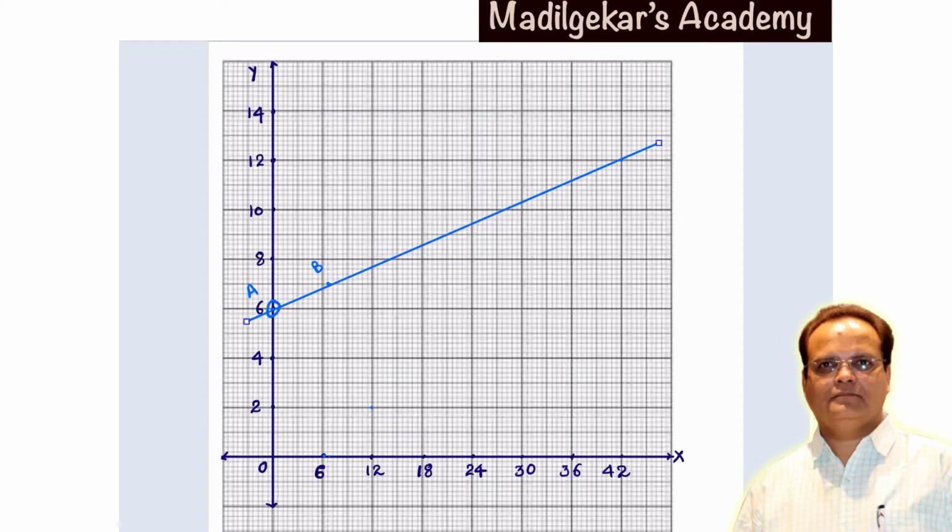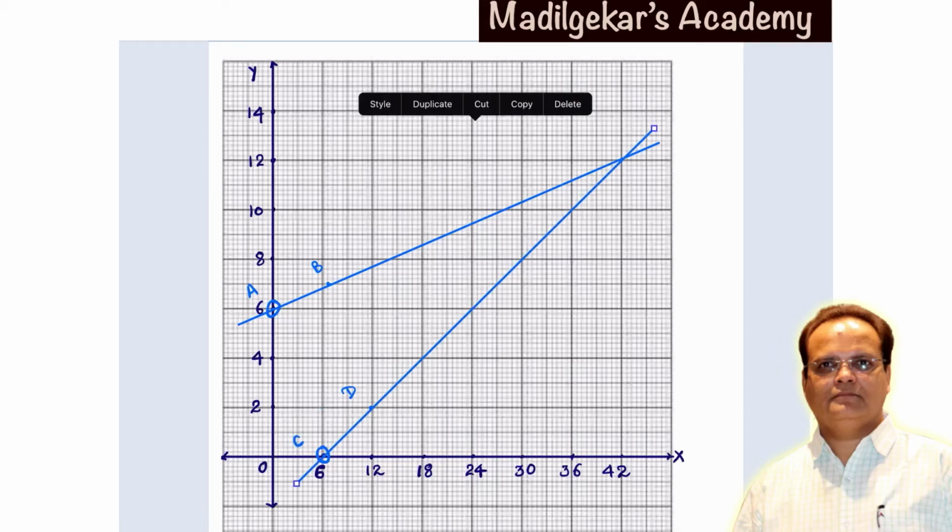So this is the graph of the first line. Second, to draw the second line, the points are (6, 0) and (12, 2). (6, 0) is a point on the positive x-axis. Here it is. So join C and D. Joining these two points.